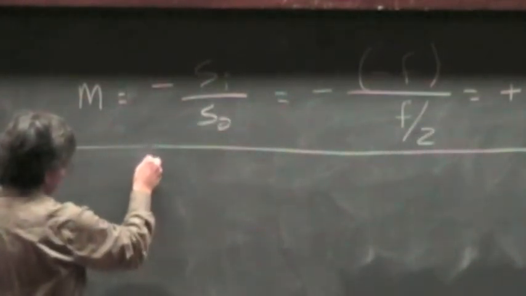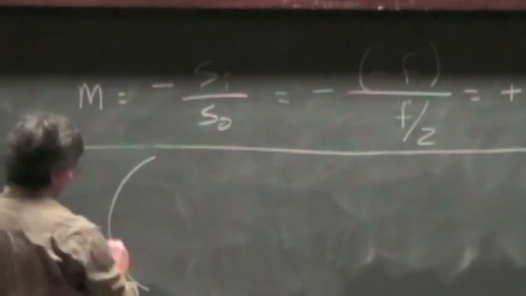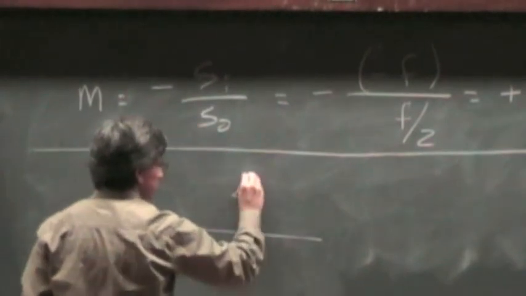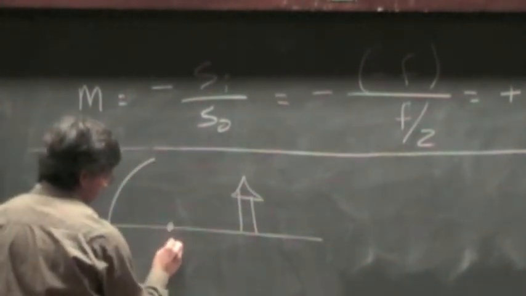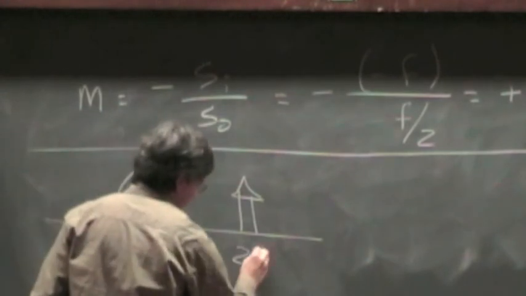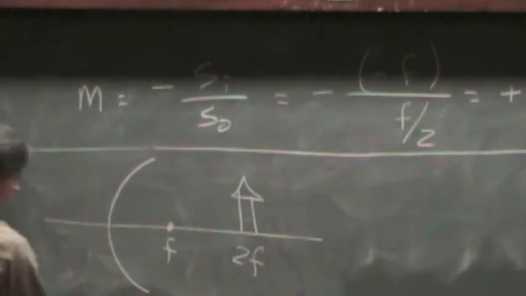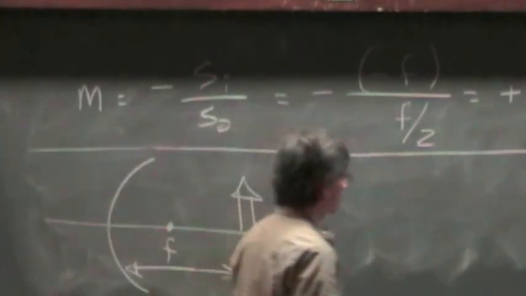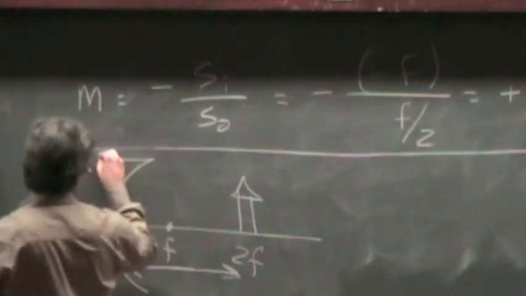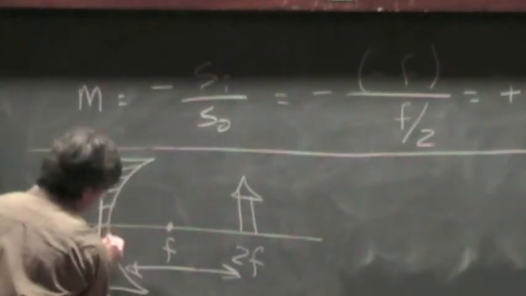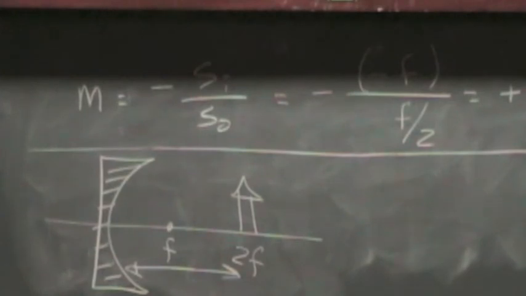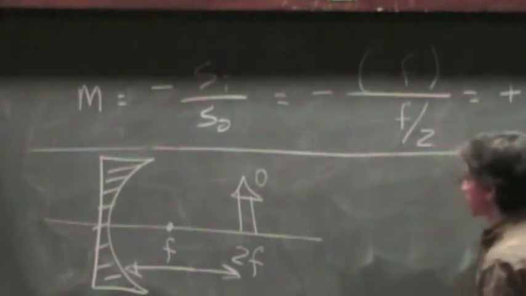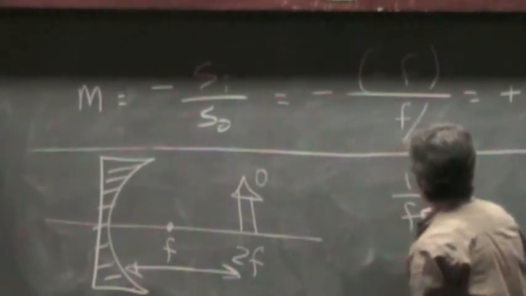What about for a mirror? If it's a concave mirror like this one, the focal length is going to be a positive number, so I'm just going to call it F. And to find the location of the image, if this is the object, you go back to the same equation.